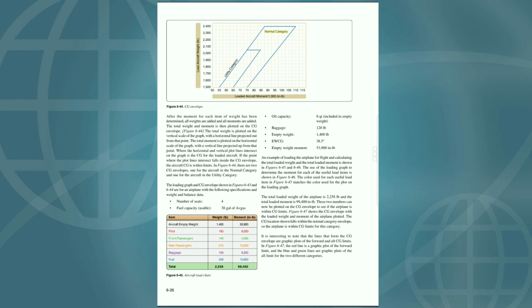Normal category. Load aircraft weight, pounds, utility category. 2,400, 2,300, 2,200, 2,100, 2,000, 1,900, 1,800, 1,700, 1,600, 1,500, 50, 55, 60, 65, 70, 75, 80, 85, 90, 95 billion 100 million 105,110, 115.